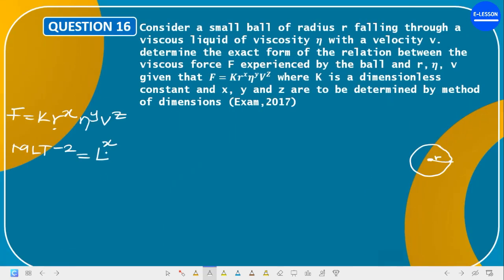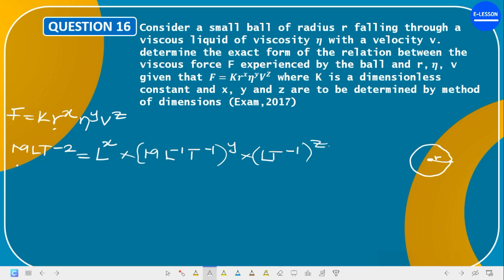So we come back here and say dimension for viscosity, please note, is ML^-1T^-1, everything raised to the power of y. Then times the dimension for velocity, which is LT^-1.